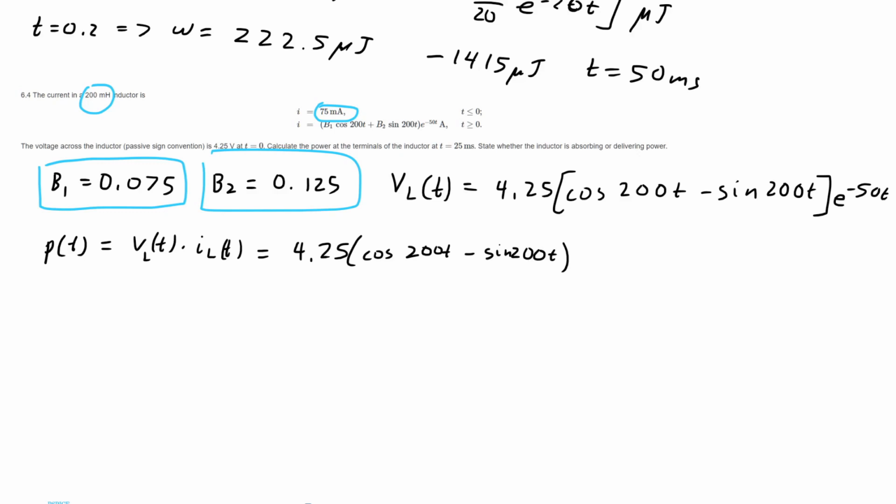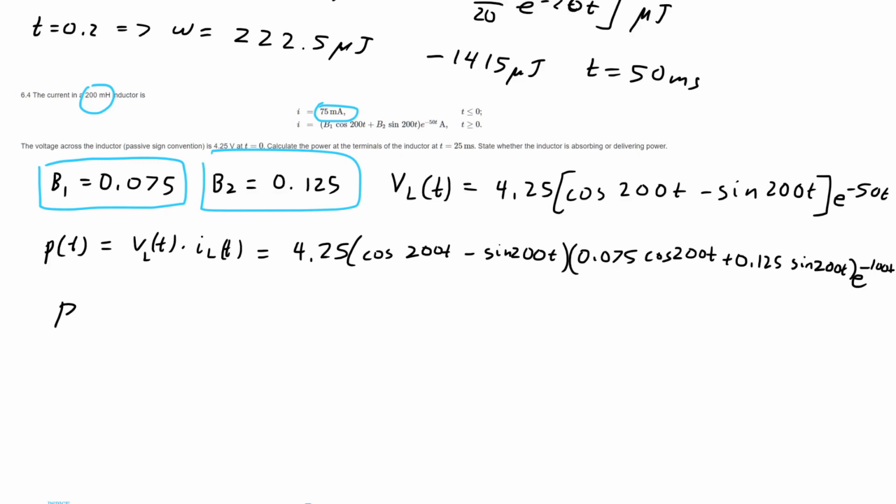This whole thing, and then 0.075 cosine 200t plus 0.125 sine 200t, and then the exponent e to the minus 100t. It's just, once again, the exponent rule, minus 50 minus 50.